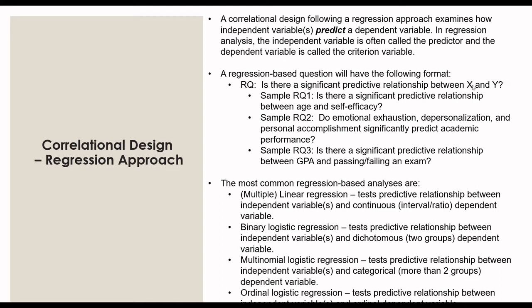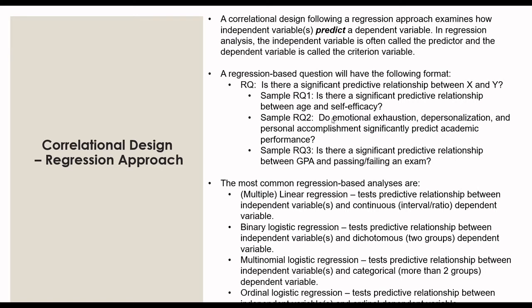You just swap X with your independent or predictor, and your dependent or criterion variable goes in the Y box. So I gave some examples following that similar format. Is there a significant predictive relationship between age and self-efficacy? Age is going to be your predictor. Self-efficacy is going to be your criterion.